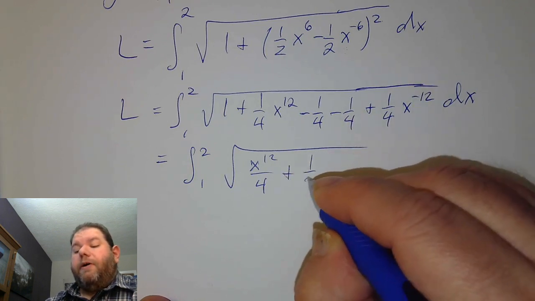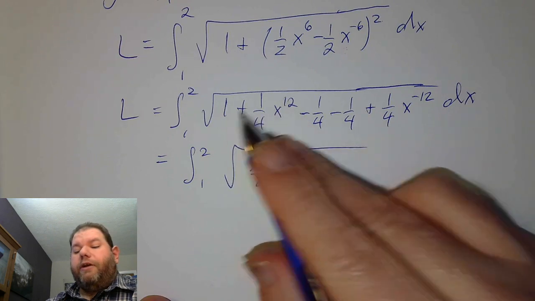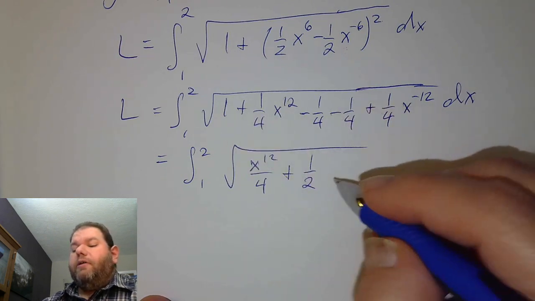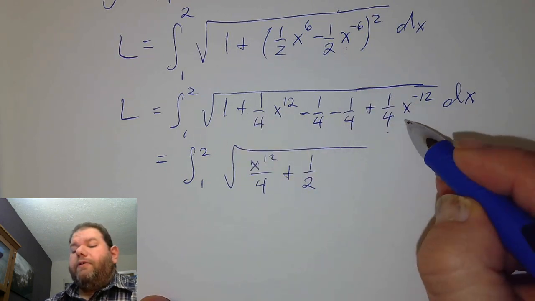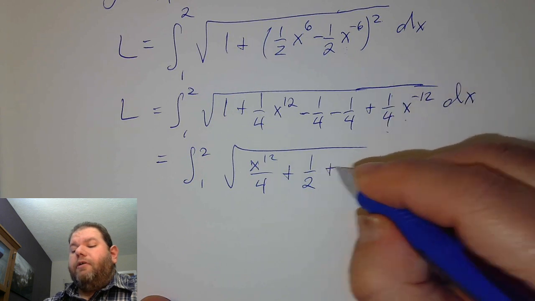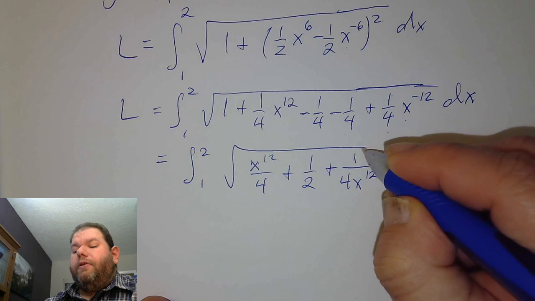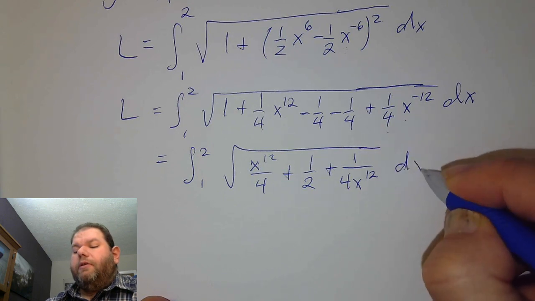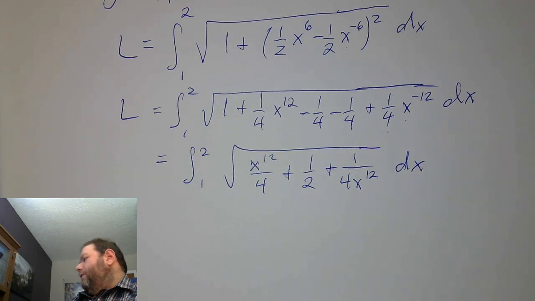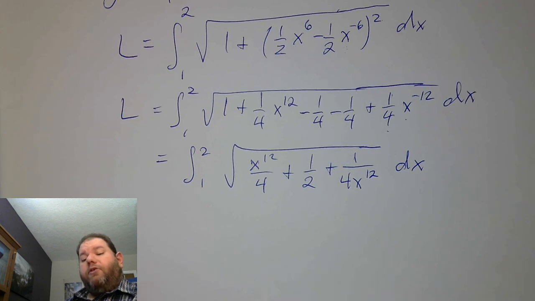So that's still a positive 1/2 when we subtract those. And then we have 1/4 x to the negative 12, which is 1 over 4x to the 12th dx. The reason I wrote it like this is we go back to the method that we talked about last time, which is to get a common denominator.